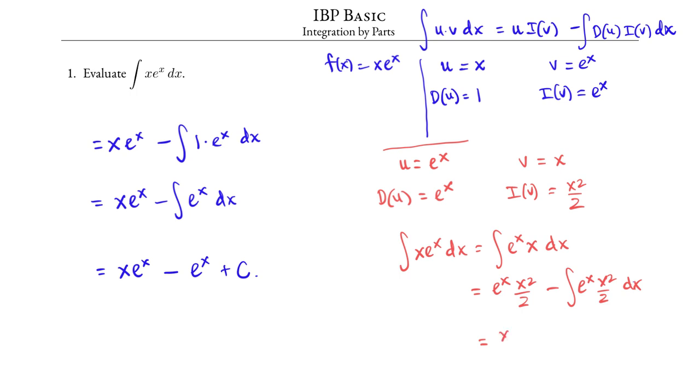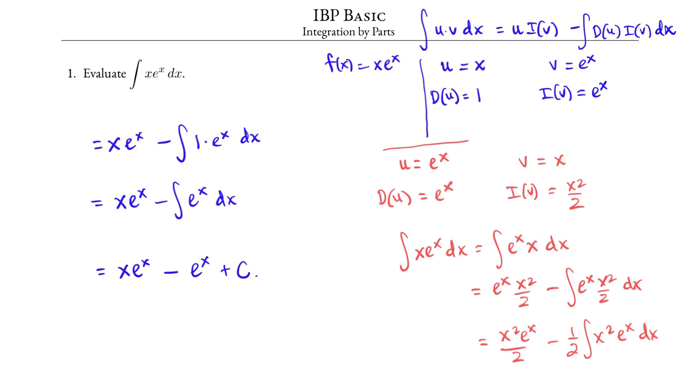This is x squared e to the x over 2 minus 1/2 the integral of x squared e to the x dx. This integral that remains in the answer is more complicated than the given integral.